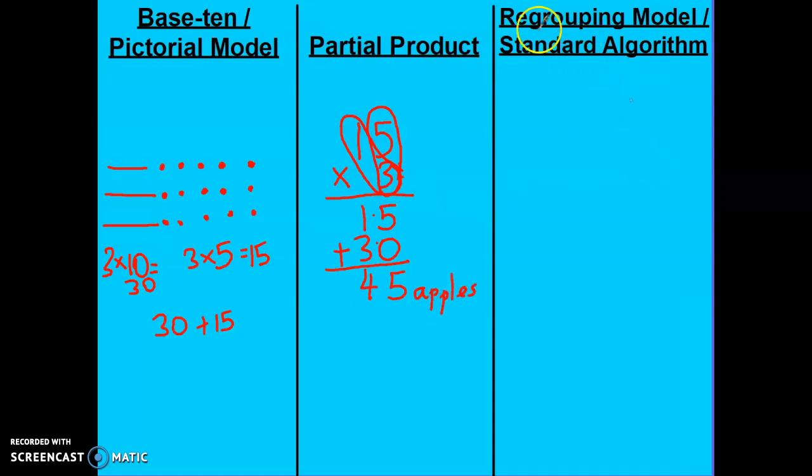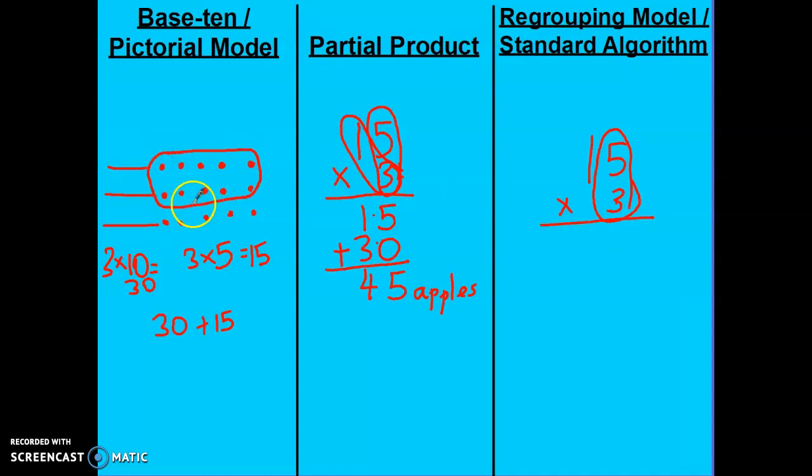Eventually, I would like our students to use our regrouping model or the standard algorithm. 15 times 3. Again, nosy neighbor goes into the ones place. 5 times 3 equals 15. I know I have 15 ones. However, I cannot put 2 digits in the ones place. And since I can make a 10, I'm going to do that.